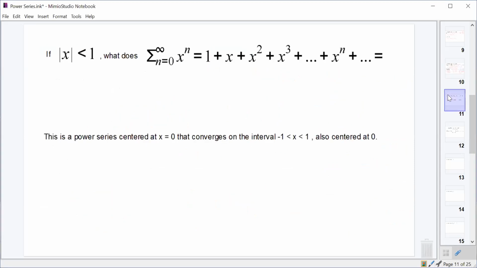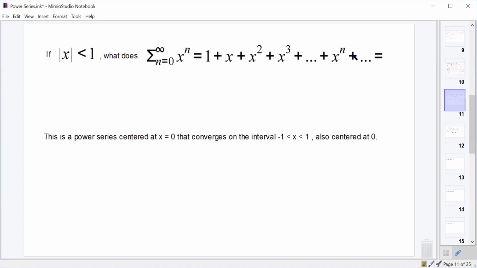So we are going to say that we have a new geometric series that is represented by the sum from n equals 0 to infinity of just x to the n power. That series should look like x to the 0 plus x to the first plus x to the second plus x to the third, and so on.